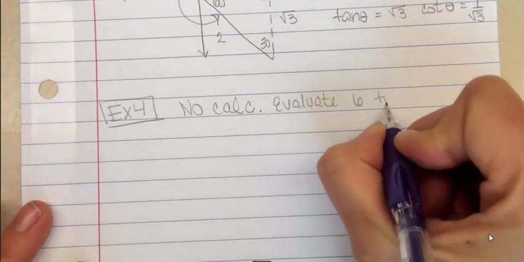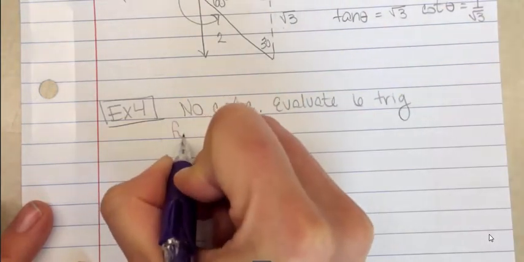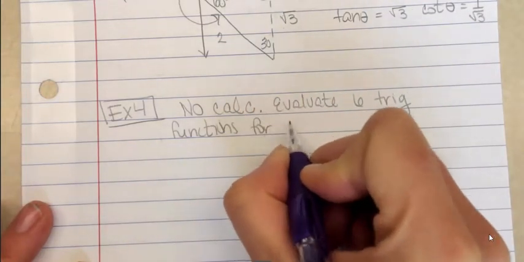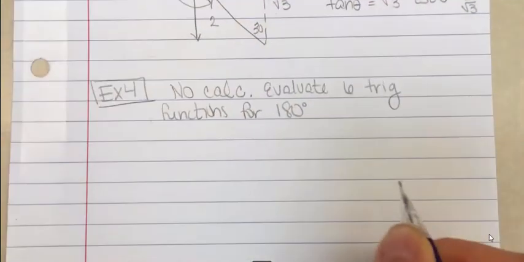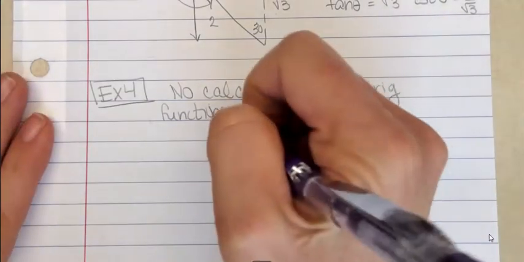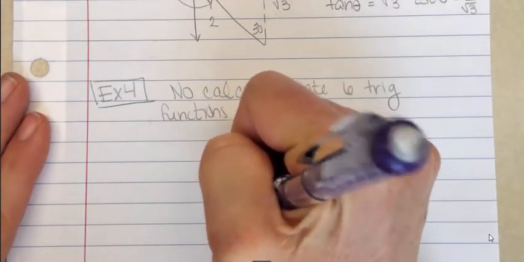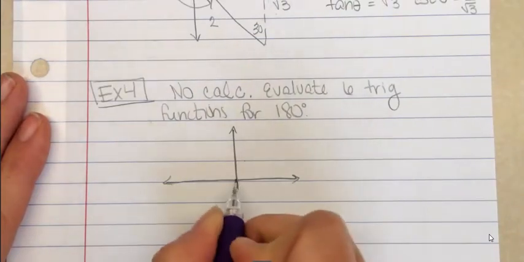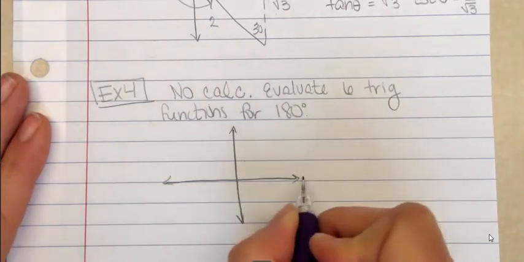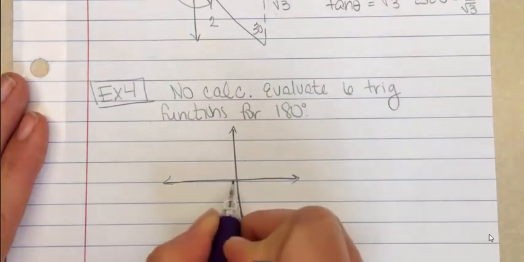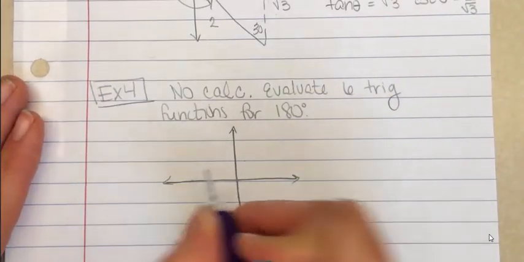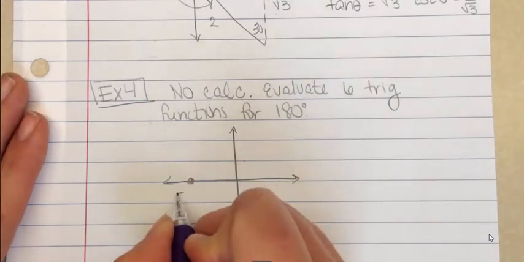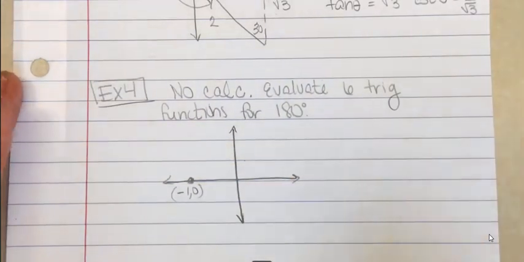Evaluate 6 trig functions for 180 degrees. So thinking about where 180 degrees falls, right? So we're basically on the x-axis, okay? And you can just pick any point on here. I'm going to use the unit circle. So let's just say that here I end up at -1, 0.